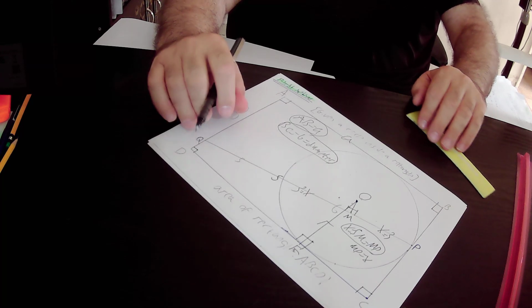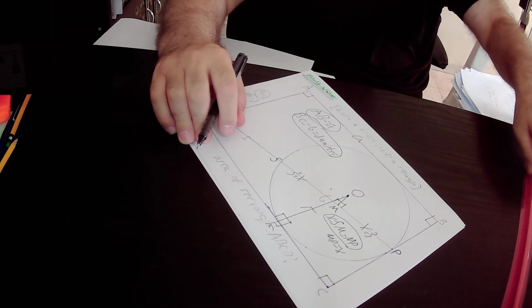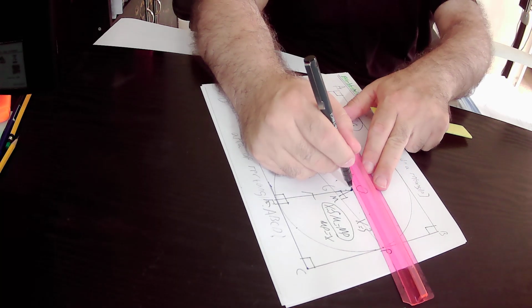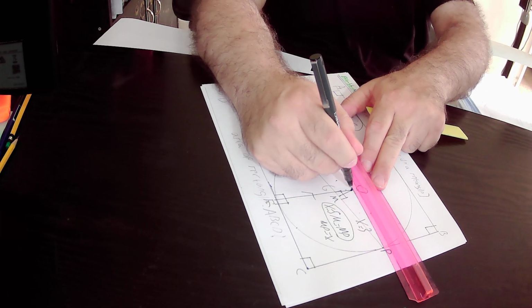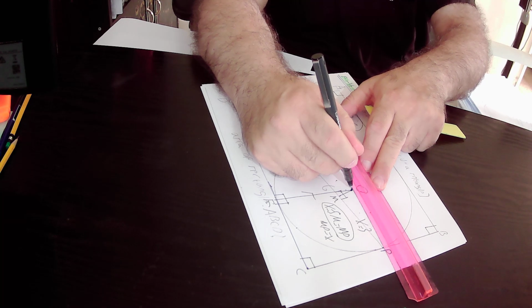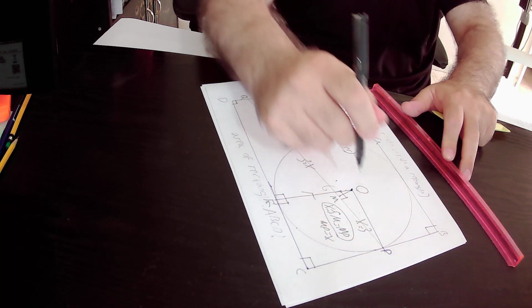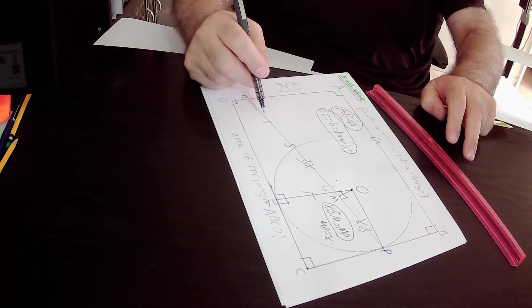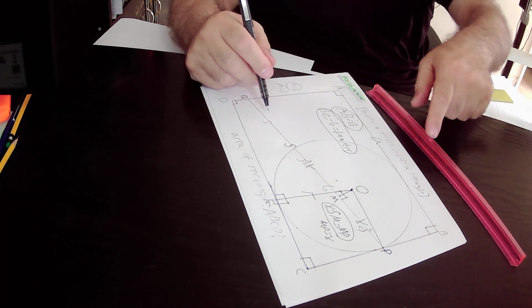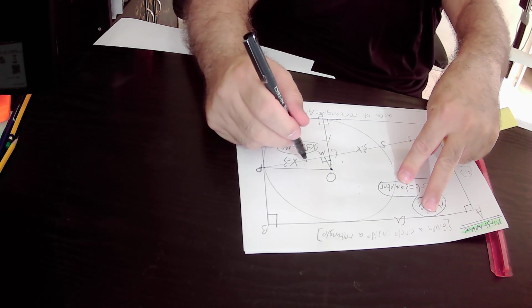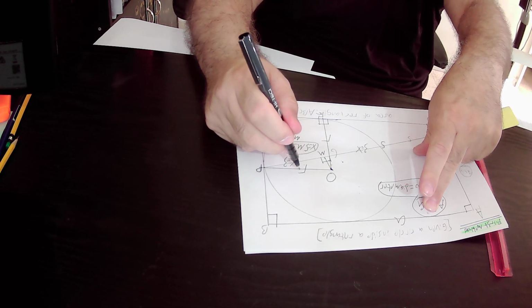We join points O and P together by a straight line. Here, point O is the center of the circle. Point P is the point on the circle itself. Therefore, OP is the radius of this circle that is equal to R according to our definition.